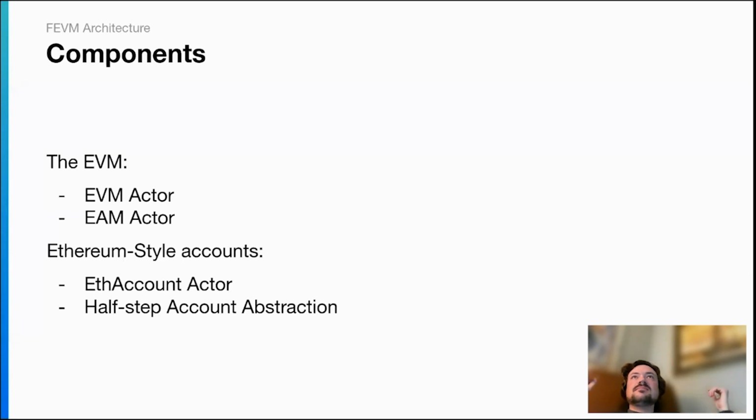This lets us take Ethereum transactions and massage them into a Filecoin message, and then consume them on the network, so that you can just pull up MetaMask, use some standard dApp, and send a message from that dApp to the Filecoin network, and everything just magically works. I say this is also half-step account abstraction because we've implemented this with account abstraction in mind, but it's currently special-casing the Ethereum account.